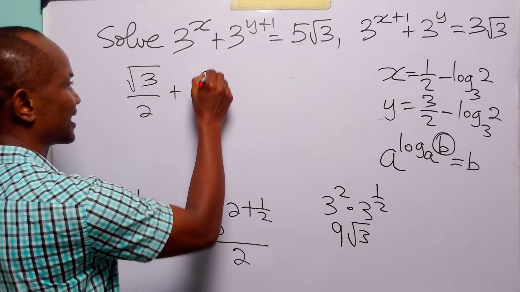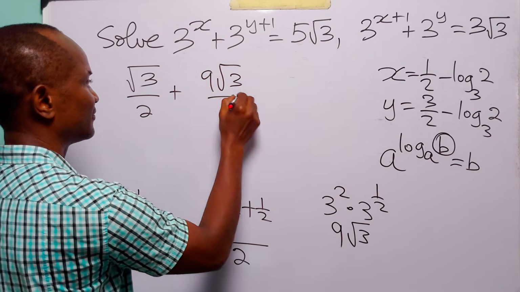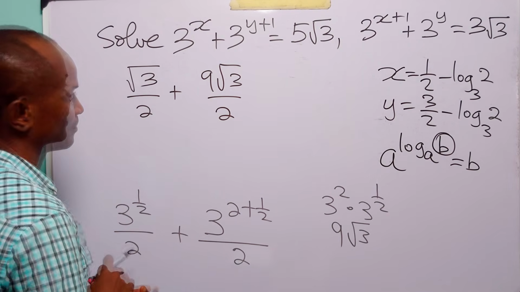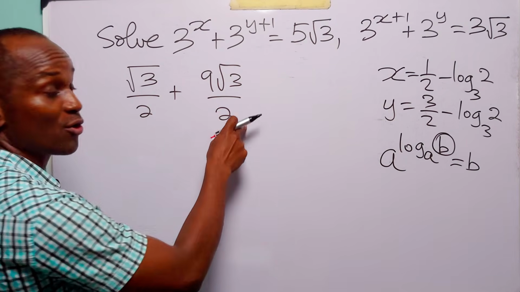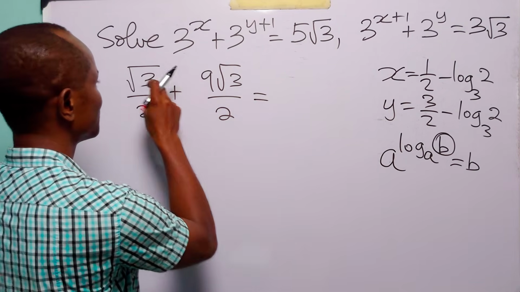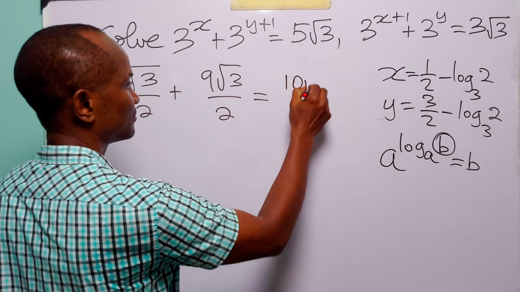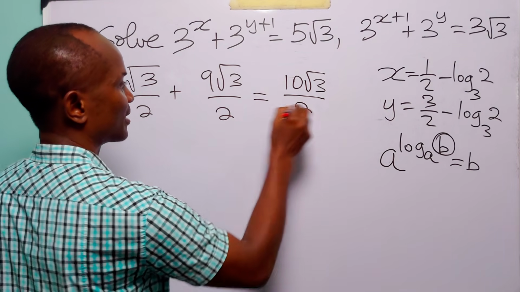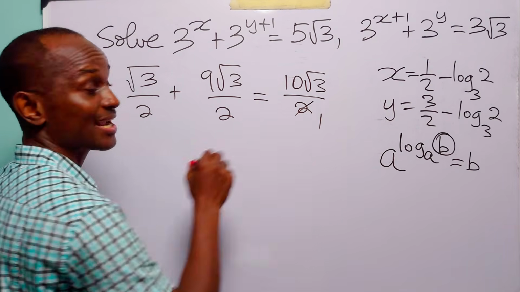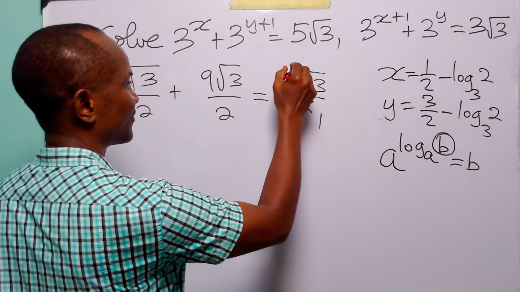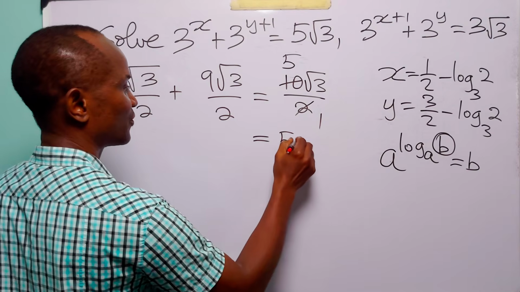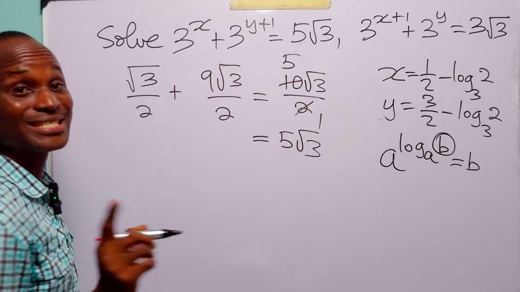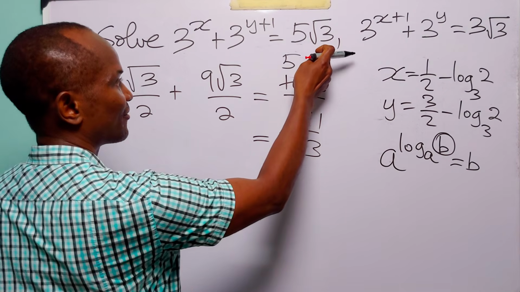So here we have 9 root 3 divided by 2. And of course, root 3 over 2 plus 9 root 3 over 2 is equal to 10 root 3 over 2. 2 will divide itself once and divide 10 5 times. So we have that this is 5 root 3, which is exactly what we have on the right hand side of the first equation.